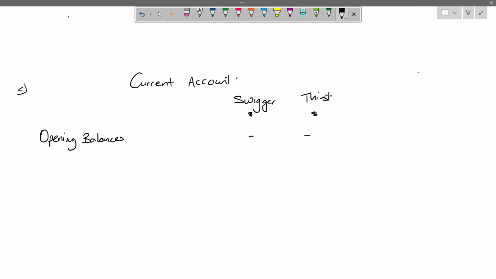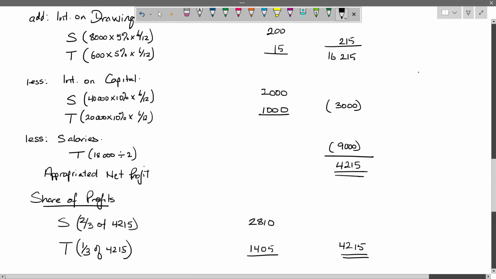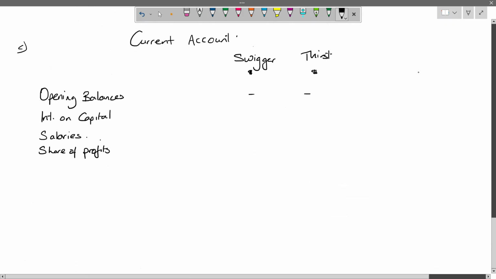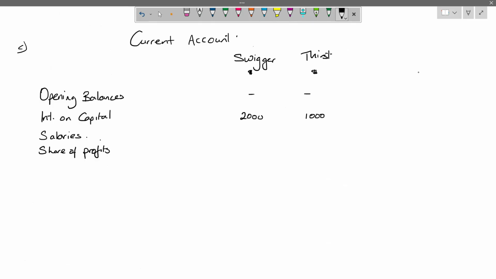None. We could then look at the things that will increase: interest on capital, salaries, share of profits. Interest on capital, 2,000 and 1,000 respectively. 9,000 for this.